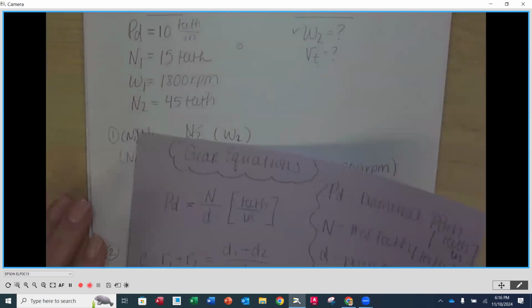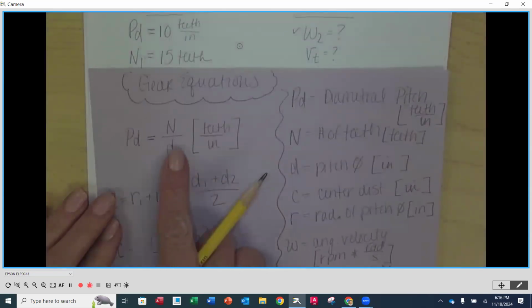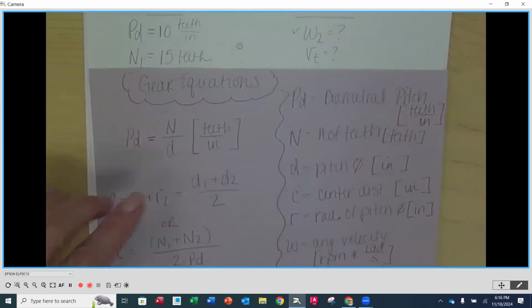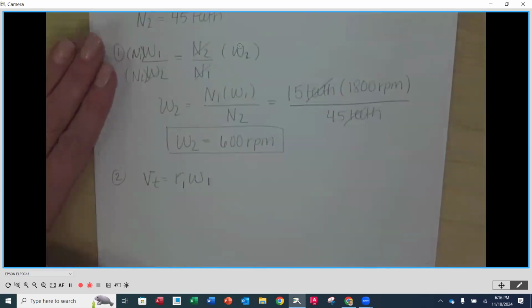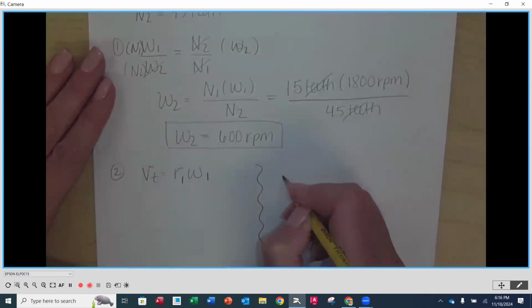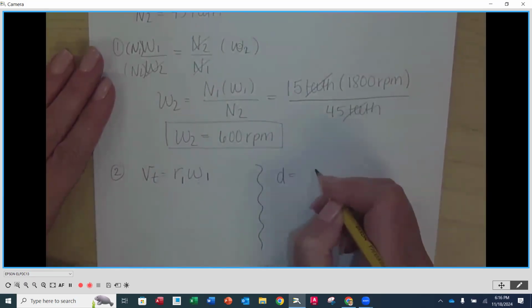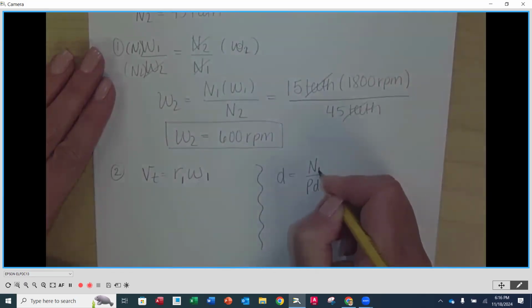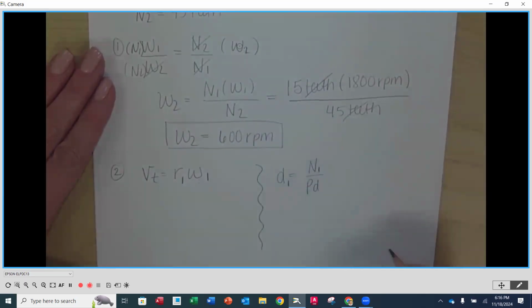We can. We can calculate our diameter and divide by 2, right? So using the diametral pitch and the number of teeth on the pinion, we're going to calculate that pitch diameter. So we need to do that work. D is equal to N divided by our diametral pitch, and this is going to be 1s, okay?